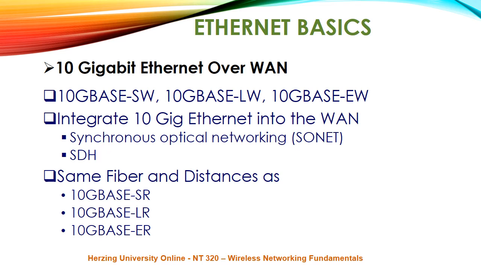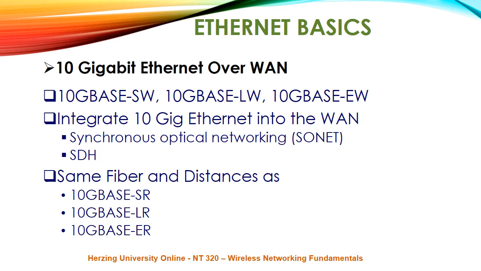If you are a service provider, you may be providing 10 gig Ethernet over a wide area network communication. There are three types. We have the 10G base SW, 10G base LW, and 10G base EW. There is a short and extended version over the WAN, and this integrates a 10 gig Ethernet with a SONET or SDH link.